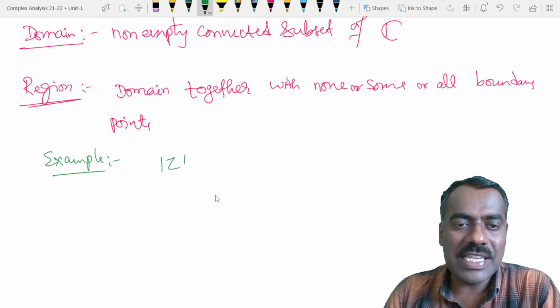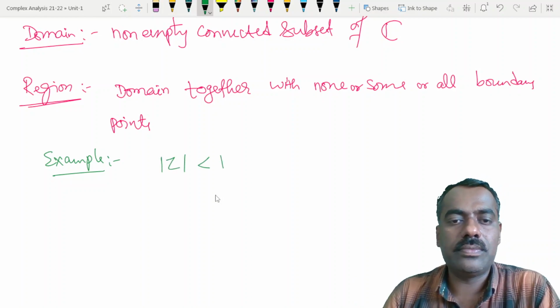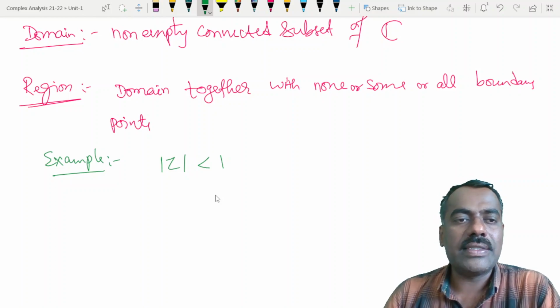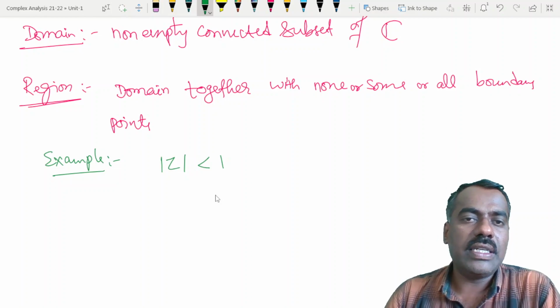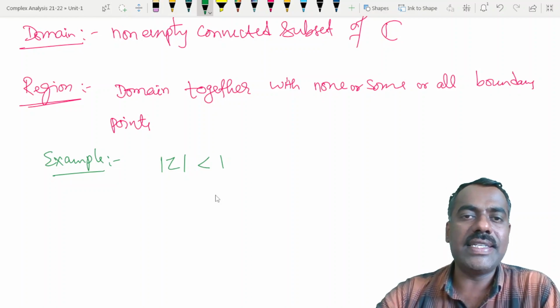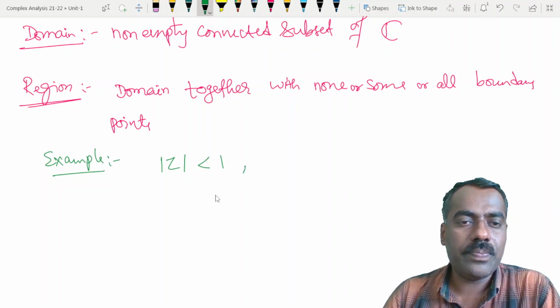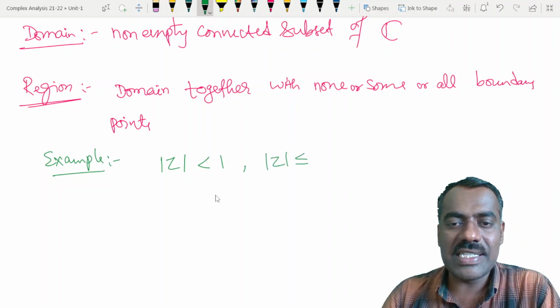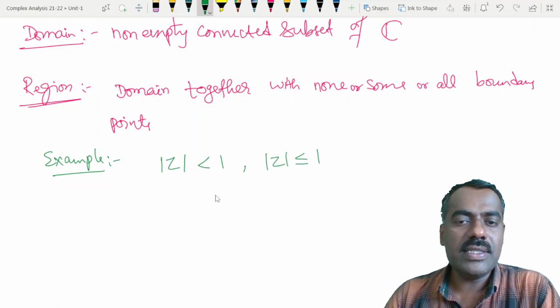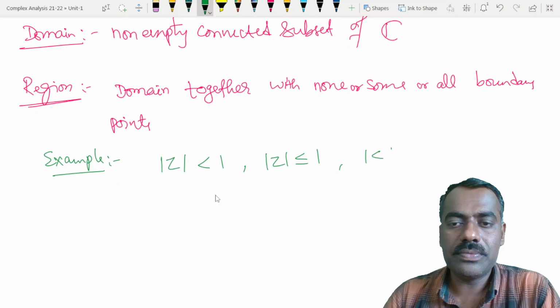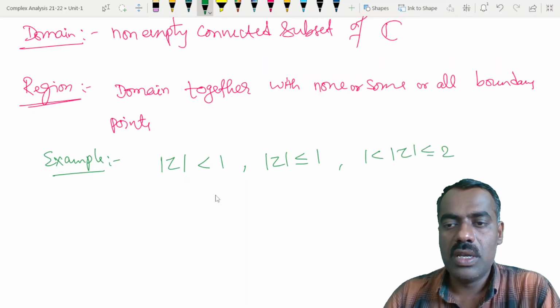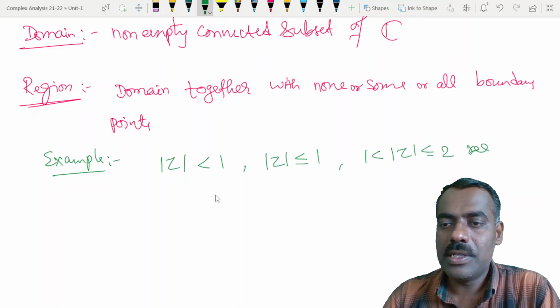For example, if I say mod Z is less than 1, is it a domain or not? It is a domain. It is open and you can check that it is connected. Whereas if you take mod Z less than or equal to 1, then this is not a domain because it is not open, but it is a region. So these are all examples of regions.